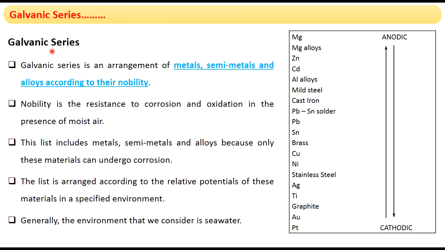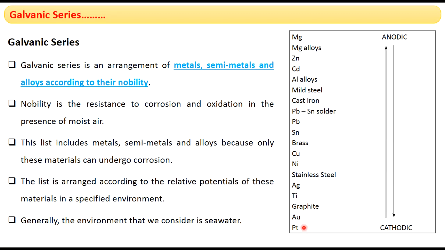Galvanic series. The galvanic series is the arrangement of metals, semi-metals and alloys according to their nobility. This is the arrangement. Here we have magnesium alloys, zinc, cadmium, aluminum alloys, mild steel, cast iron. So here we find both alloys and metals, and the cathodic behavior decreases from top to bottom.